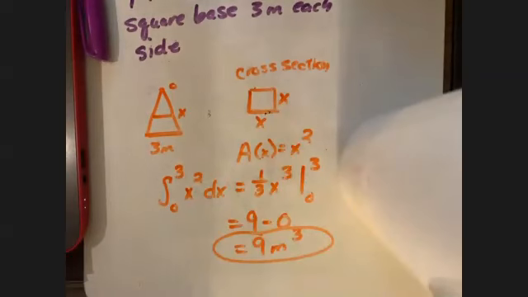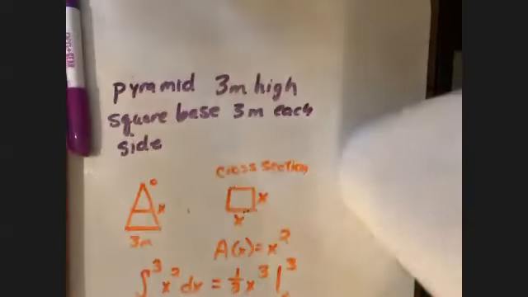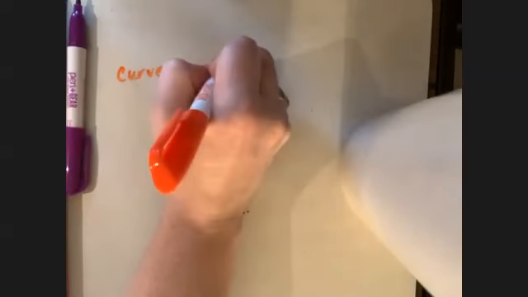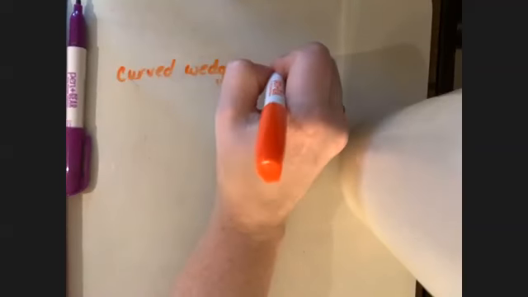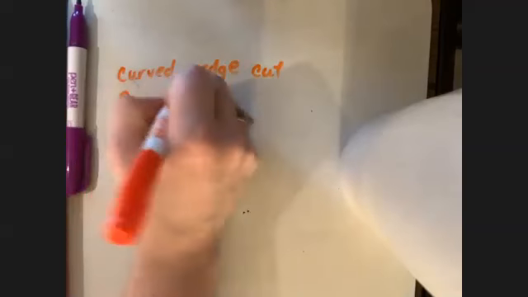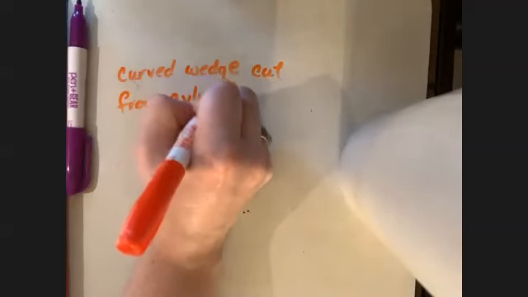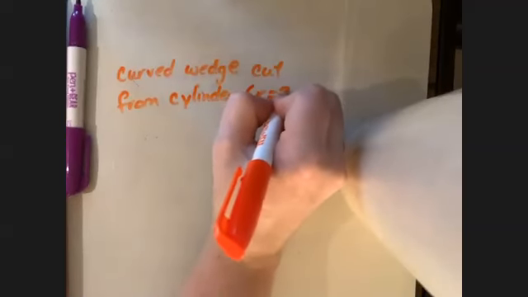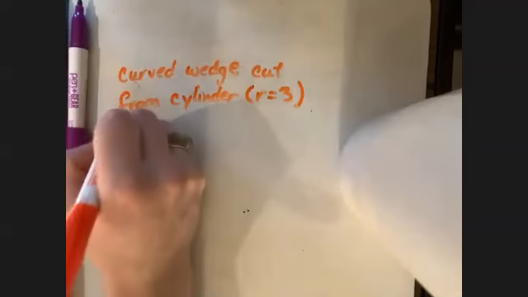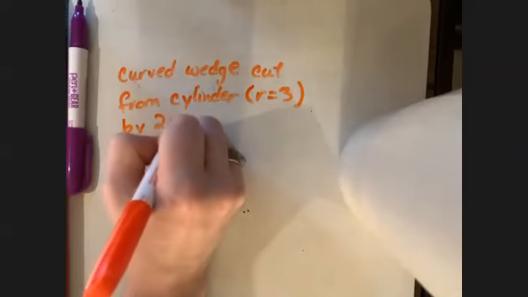Okay, so taking a look at another one. We've got a curved wedge cut from a cylinder, which has a radius of 3, by 2 planes.